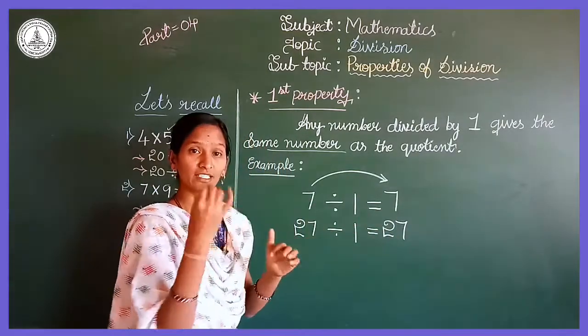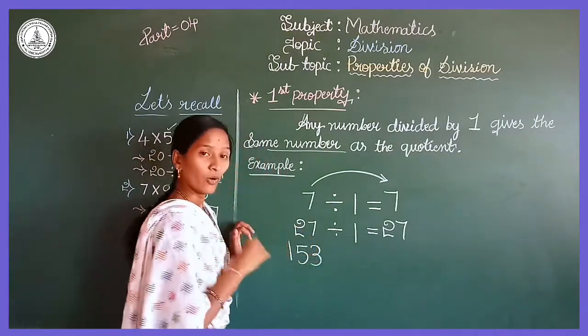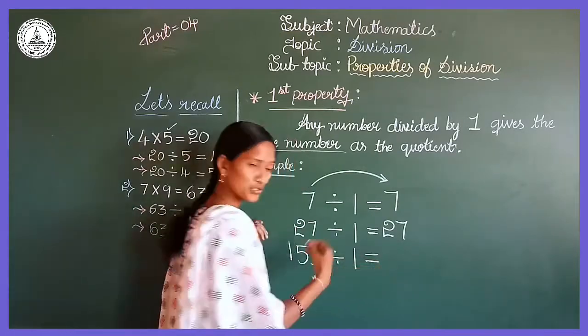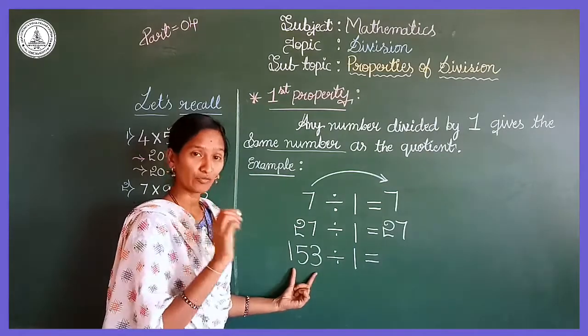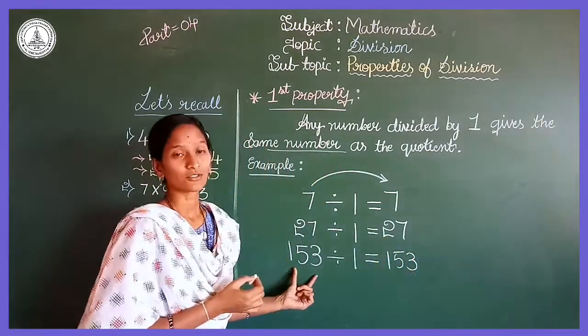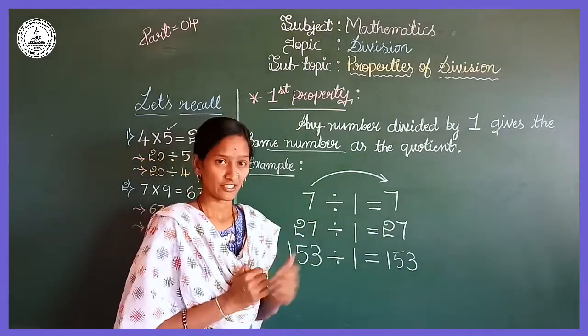So now I am taking a 3-digit number. See, 153. 153 divided by 1. What is our quotient? It is also the same number, that is 153. Right? So my dear students, this is the first property of division.